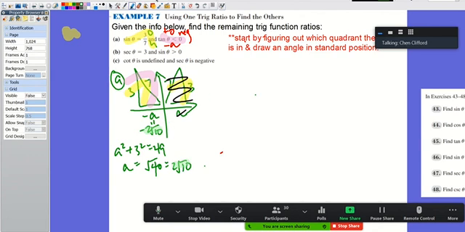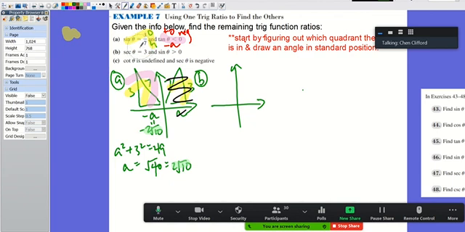All right, so like I said, the hardest part is just figuring out what quadrant to draw the standard position triangle in. Okay, let's do B real quick right here. Secant is going to be hypotenuse over adjacent. Remember, secant's related to cosine.